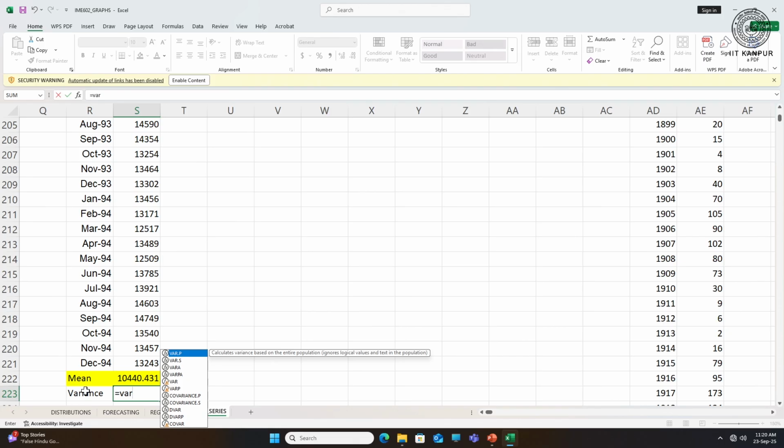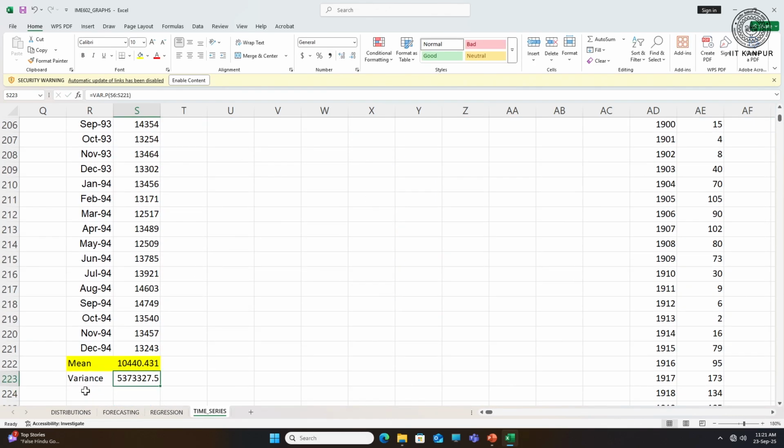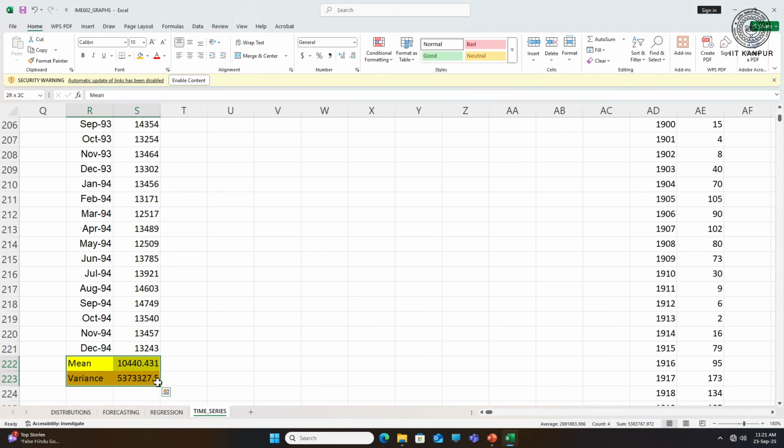This is important to understand when we consider unbiasedness, which is with respect to the expected value of the sample in the long run, and consistency, which is related to variability. So, VAR.P, I am considering that as a population. I find the variance as 53733.27. I will mark it in orange and make it bold.